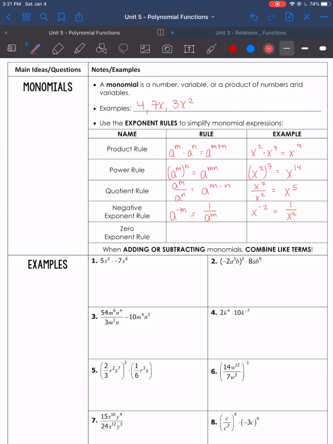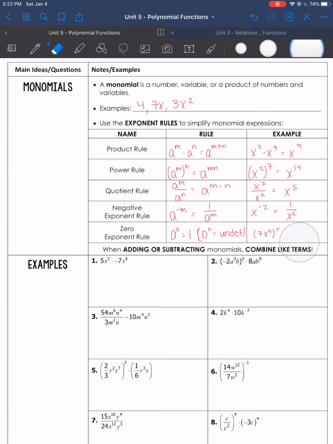And the zero exponent rule should be your favorite rule of all time, because anything raised to the 0 power gives you 1. However, if you're raising 0 to the 0 power, it is undefined and does not exist. So anything raised to the 0th power is 1.